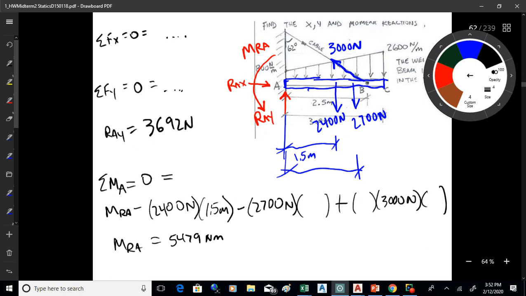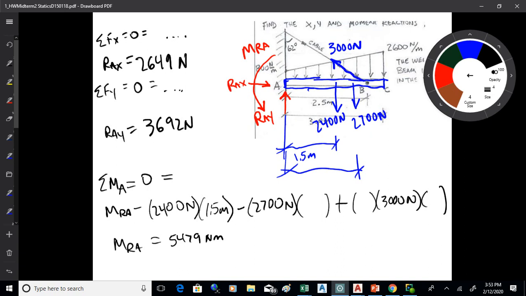And RAX ought to be whatever, 2649. So what we want to do is break these things down and try and simplify them as best we can.